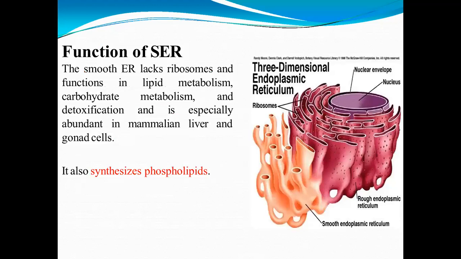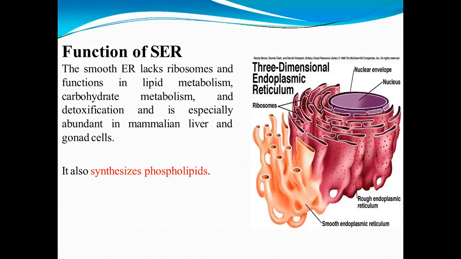So what are the main functions of smooth endoplasmic reticulum? That includes lipid metabolism, carbohydrate metabolism, and detoxification. It is specifically abundant in mammalian liver and gonad cells. It also synthesizes phospholipids.